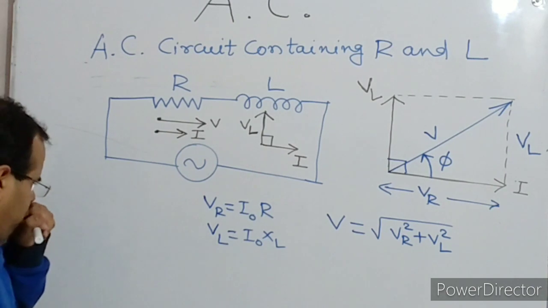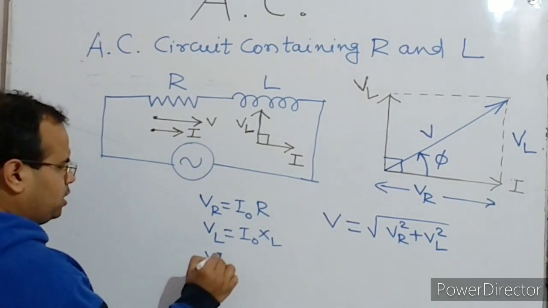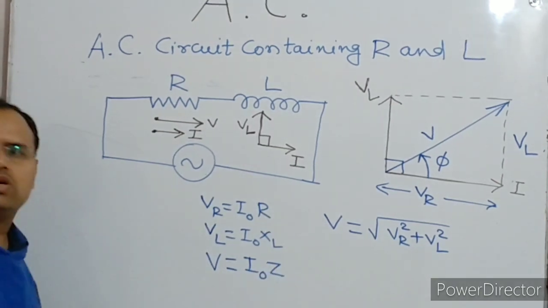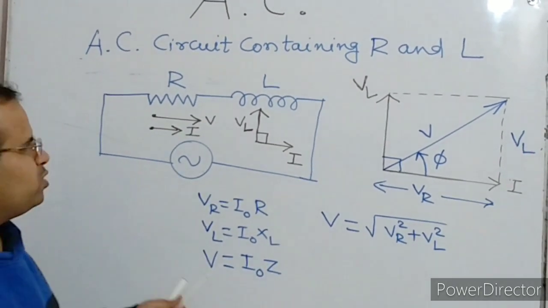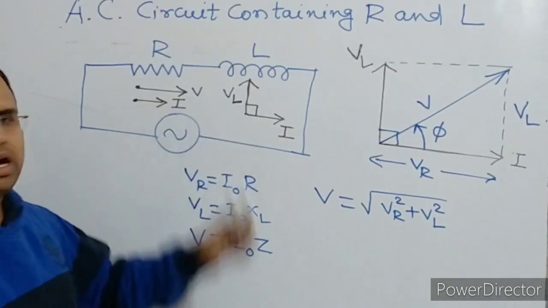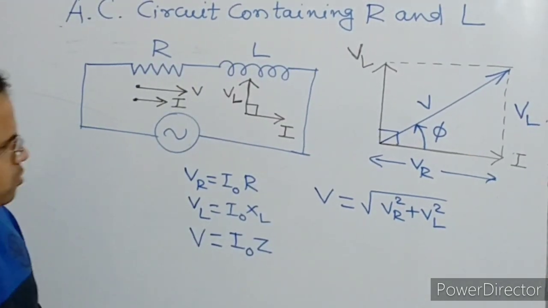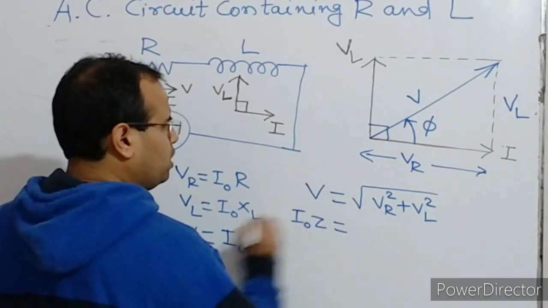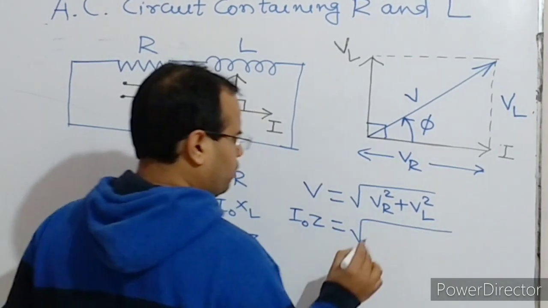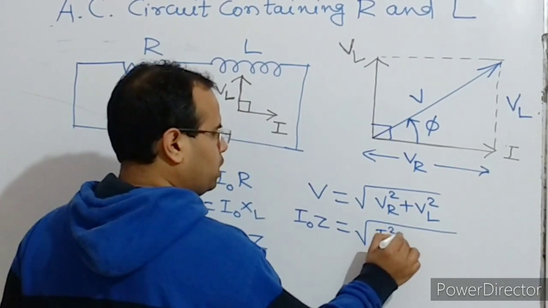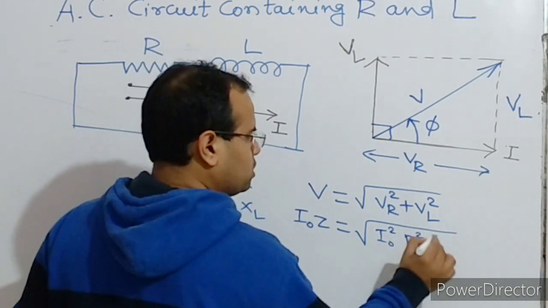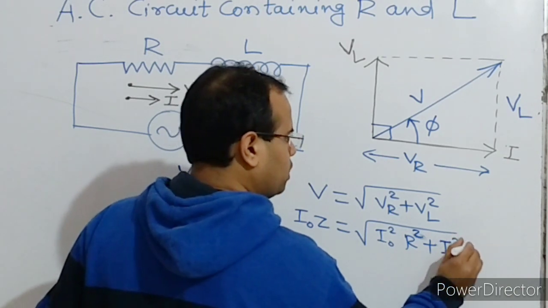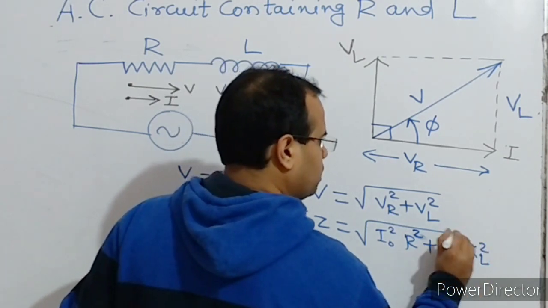And V is the resultant, and it can be given by I naught Z, where Z is called impedance, and impedance is actually the resistance of the combination of R and L. So if we substitute these values, I naught Z is equal to under the root of I naught square R square plus I naught square XL square.